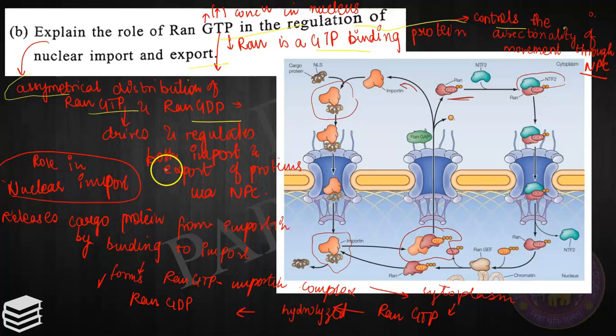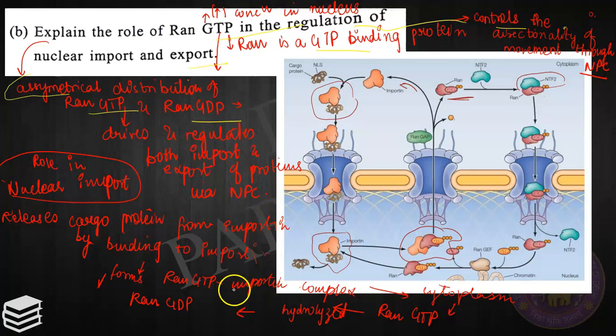So as we have discussed how nuclear import takes place, let's revise the role of RAN-GTP in nuclear import. So what does RAN-GTP do? It releases cargo protein from importin by binding to importin in the nucleus.